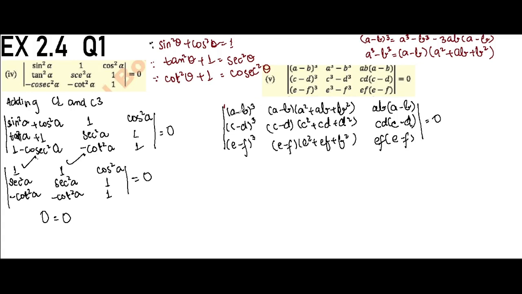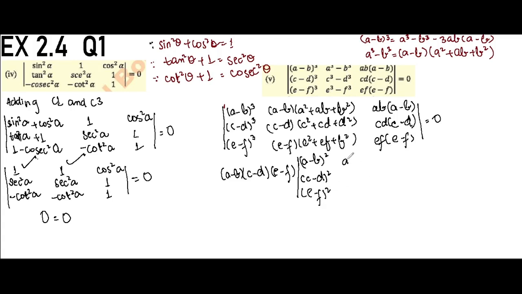which is equal to 0. Now we are going to take this common: (a − b), (c − d), and (e − f) as common. And inside the determinant matrix, we are going to have (a − b)², (c − d)², and (e − f)².